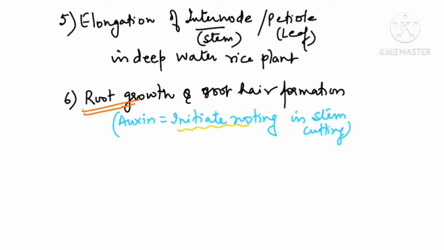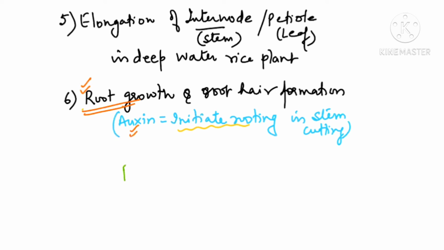So if they ask you a question, please focus carefully. If they ask who is responsible for lateral root growth, then your answer will be ethylene. And if they ask who is responsible for root initiation, then your answer will be auxin. Now, one more thing, let me highlight it.